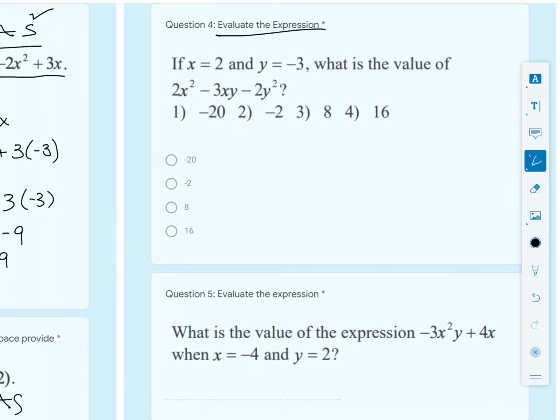Question 4 says evaluate the expression. Now, we used to do these in the beginning of the school year, probably around October, November, where we were given values for different variables, in this case, x and y, and asked to substitute in to an actual expression with x and y in it. For this, I like to use parentheses as I substitute numbers in.